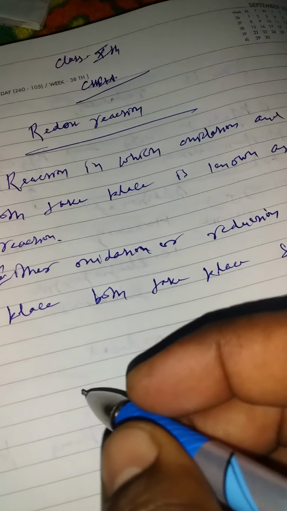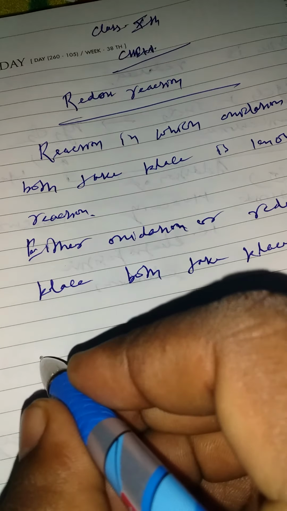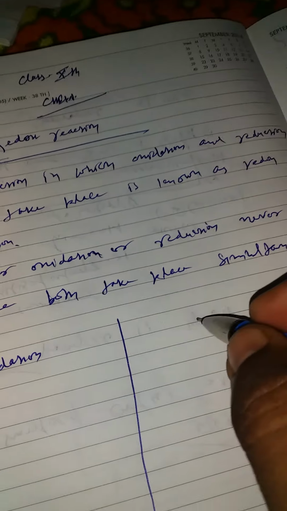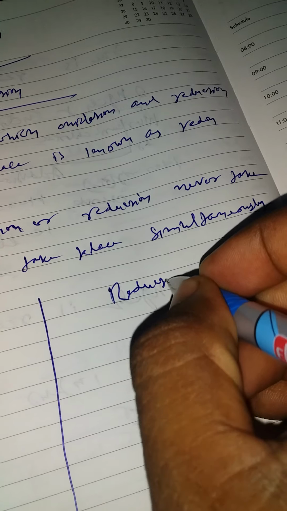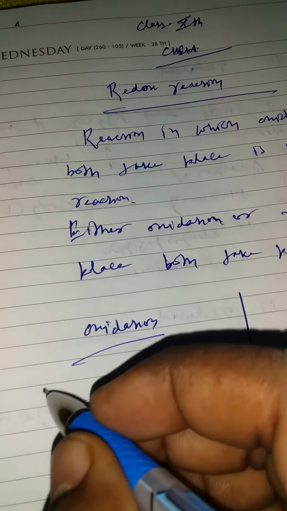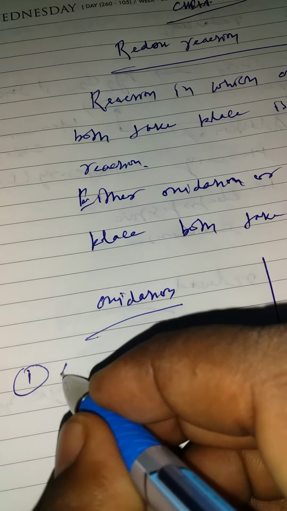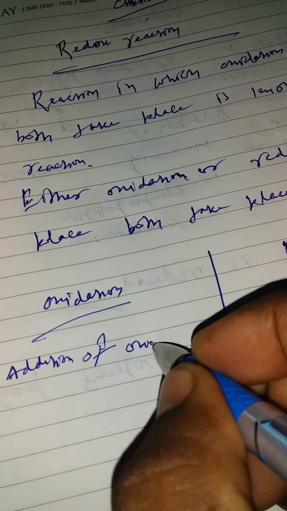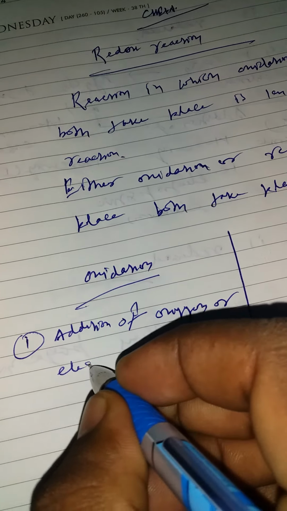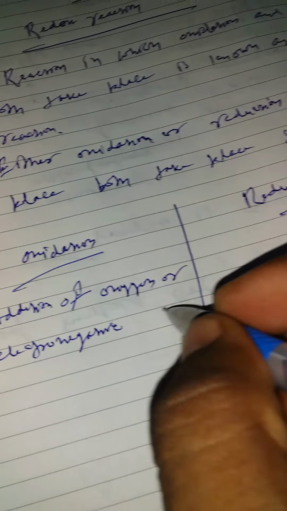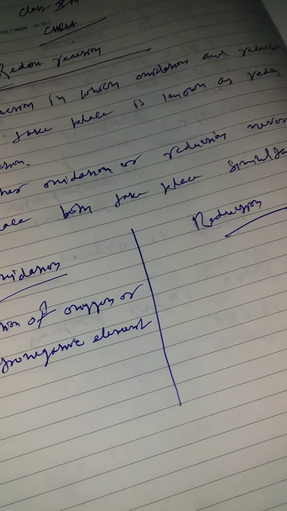In the previous lecture we concluded oxidation and reduction as follows. Oxidation is the addition of oxygen or an electronegative element.